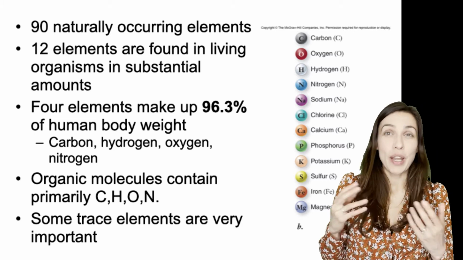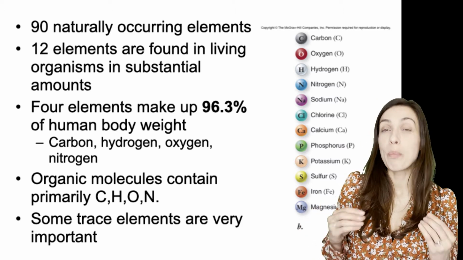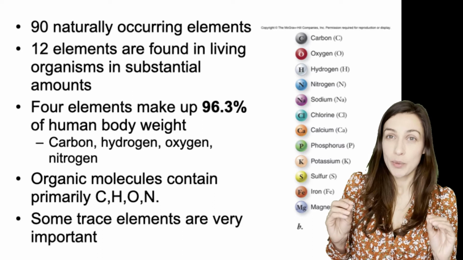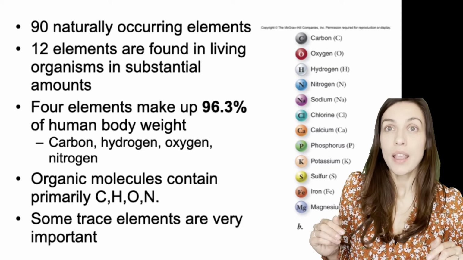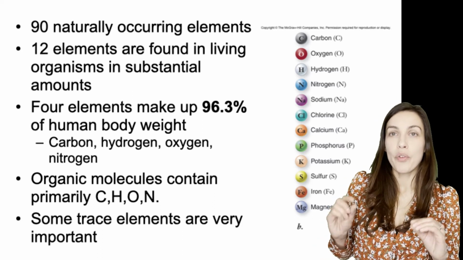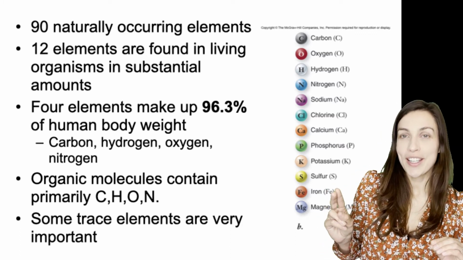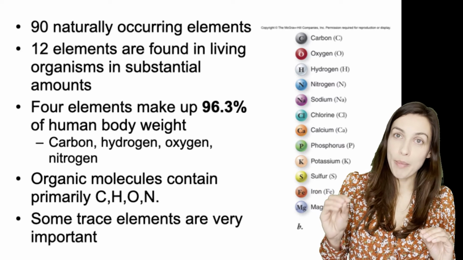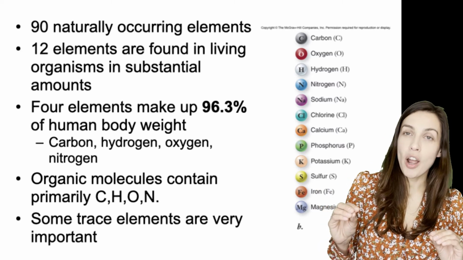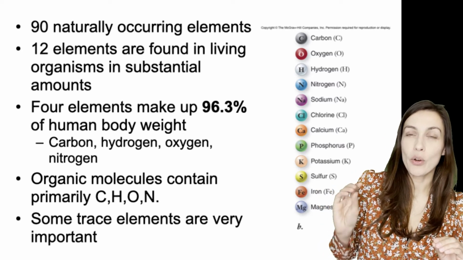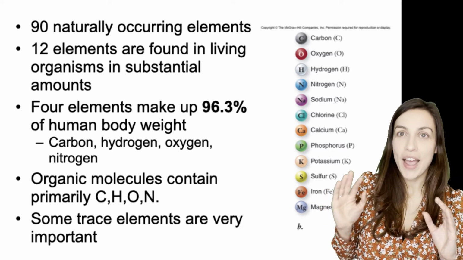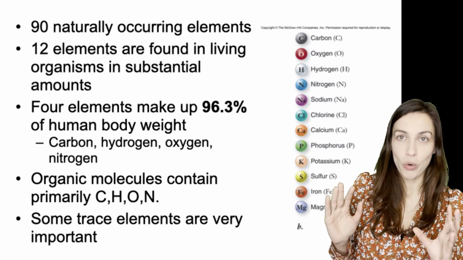And this ratio is actually true for most living things, give or take a little bit. 96% of most organisms is made up of carbon, oxygen, hydrogen, and nitrogen. And I do want you to remember this. I will ask you, what are the 4 elements or 4 atom types that make up the vast majority of living organisms?